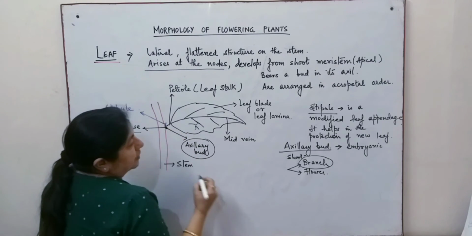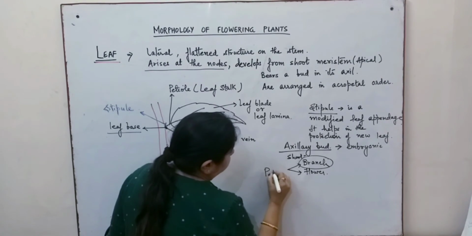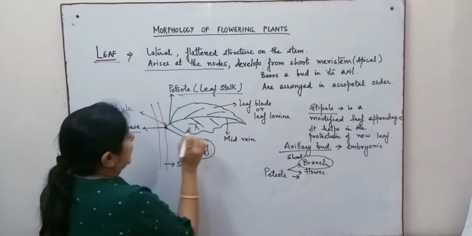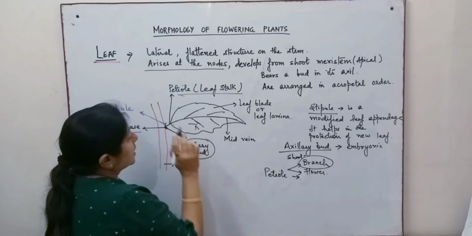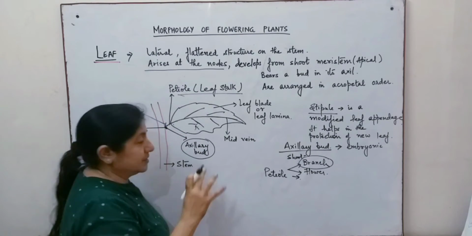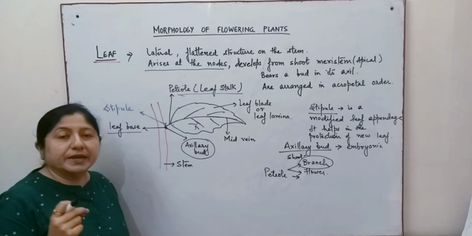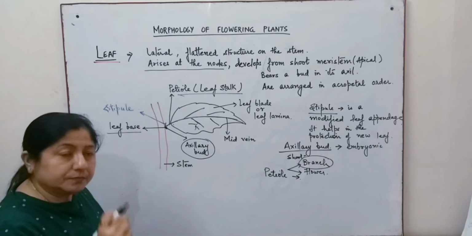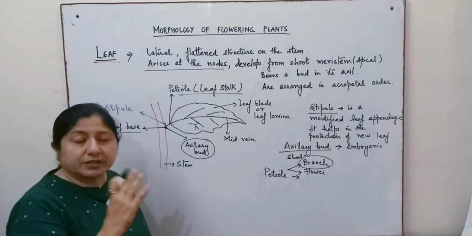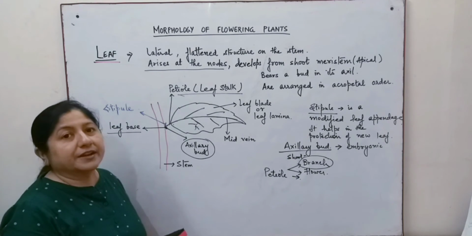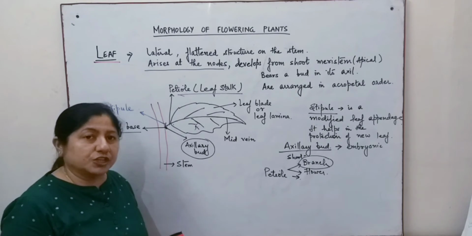As we move further, the petiole. The petiole or the leaf stalk, it holds the leaf. So the petiole is holding the leaf lamina. So it allows the free movement of the leaf. And as it moves, or the leaf flutters, it causes the cooling of the leaf and also facilitates the exchange of gases.